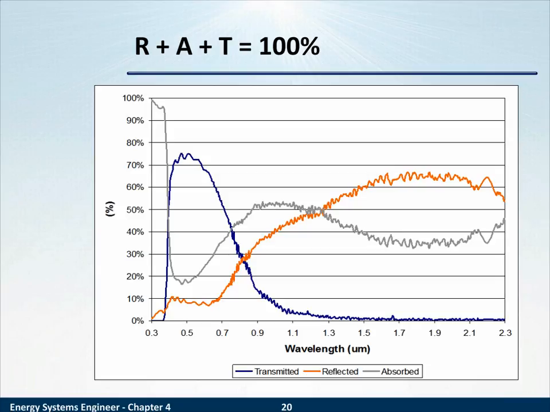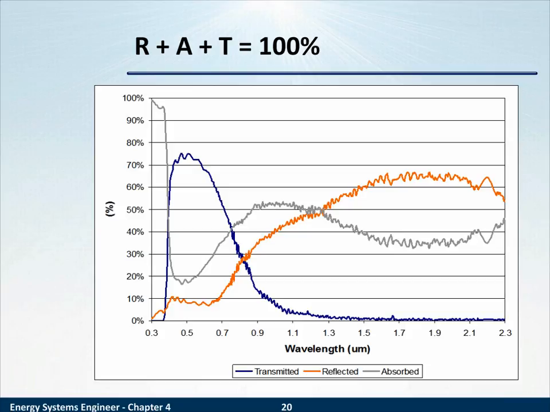How is that ultraviolet being rejected? Well, you can see from the gray line it's being absorbed. In this case, the energy of ultraviolet is not as high, so absorbing all of that energy does not cause glass breakage concern.